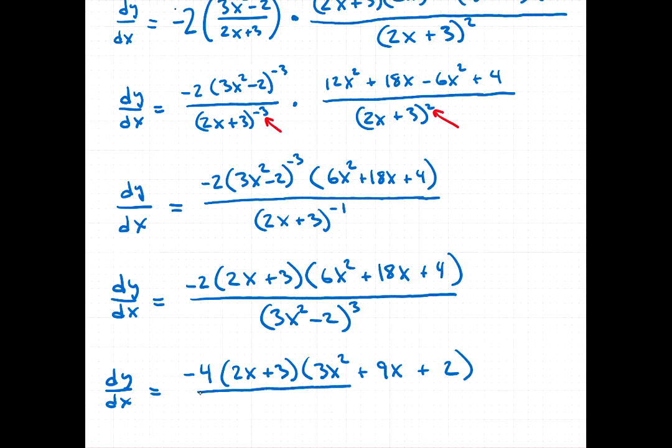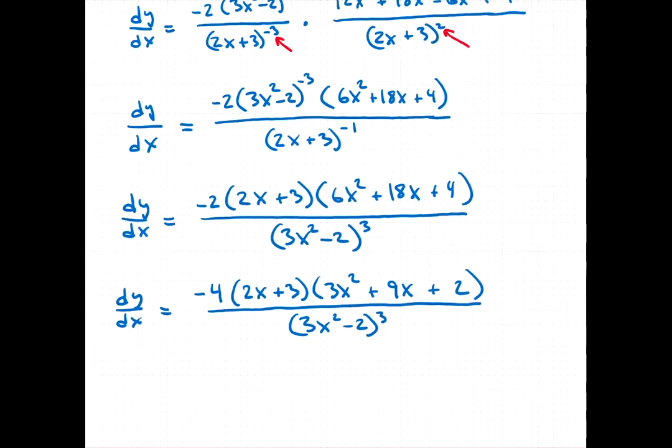And that's all divided by 3x squared minus 2 to the third power. Whew, quite a bit of algebra here. All right, and that is our derivative. This doesn't look very simple, but this is as simple as it could get.